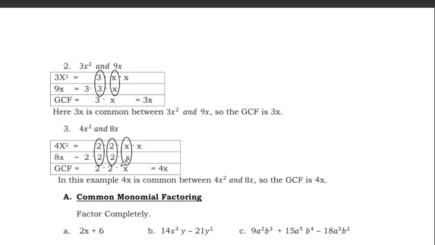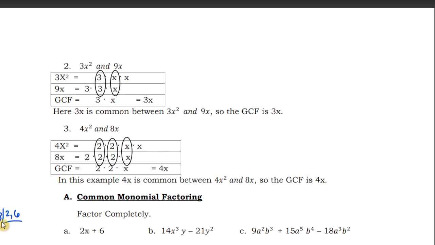Okay, so the first thing that we should do here for letter A is collect the numerical coefficients, which are 2 and 6. The common divisor is 2. So 2 divided by 2 is 1, and 6 divided by 2 is 3.